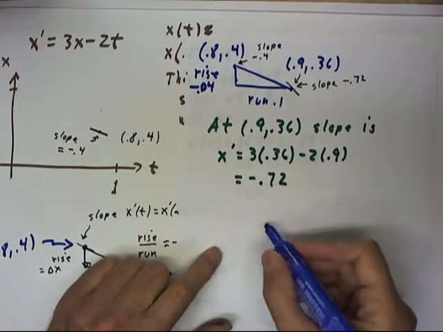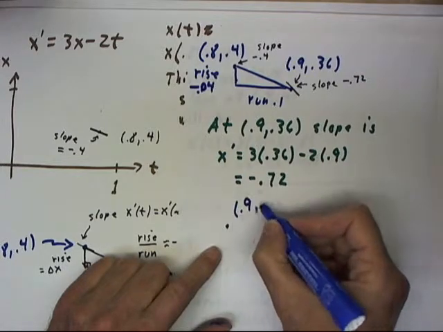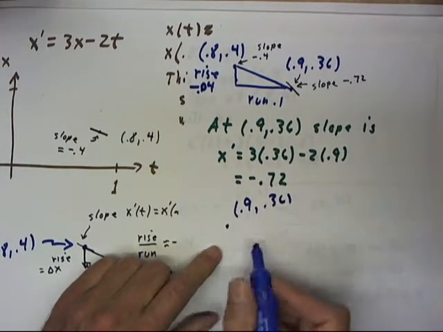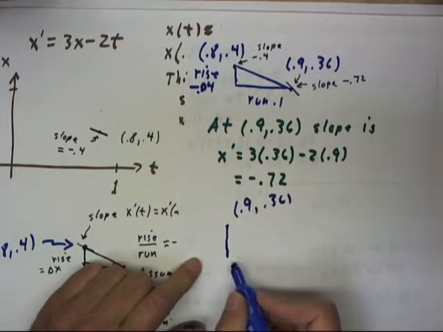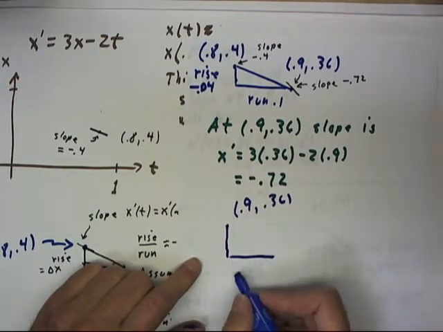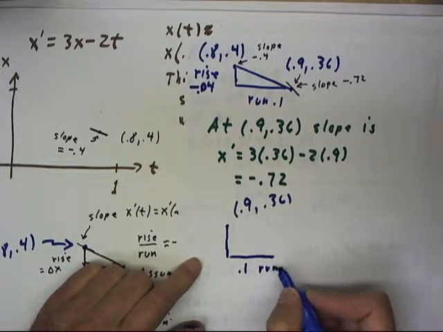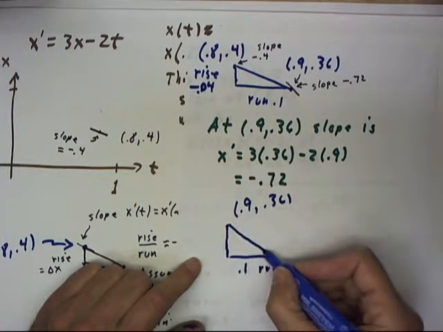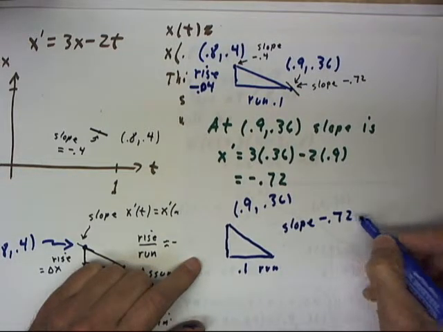a new point. So here we are at 0.9, 0.36, and we're going to move again 1/10 of a unit. So let's move 0.1 unit run at a slope of negative 0.72.